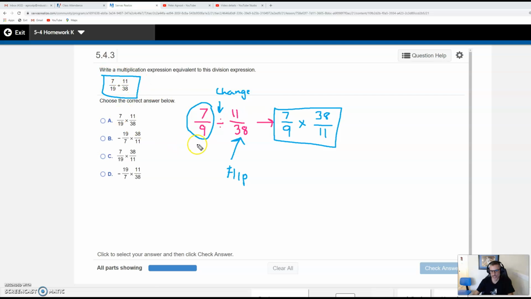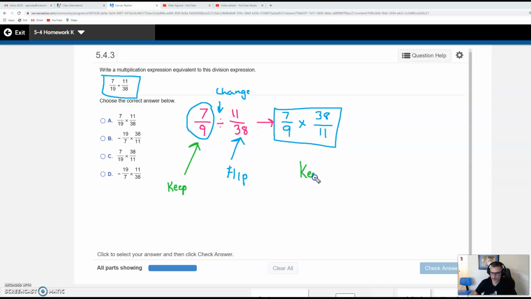This expression right here will give me the exact same result as this expression right here. They're mathematically equivalent. So they don't actually want me to figure out what this is. They're just walking us through each step. So we wrote this division problem as a multiplication problem. A lot of times you will hear this as keep, change, flip, right? You keep the first fraction, change division to multiplication, and flip the second fraction.